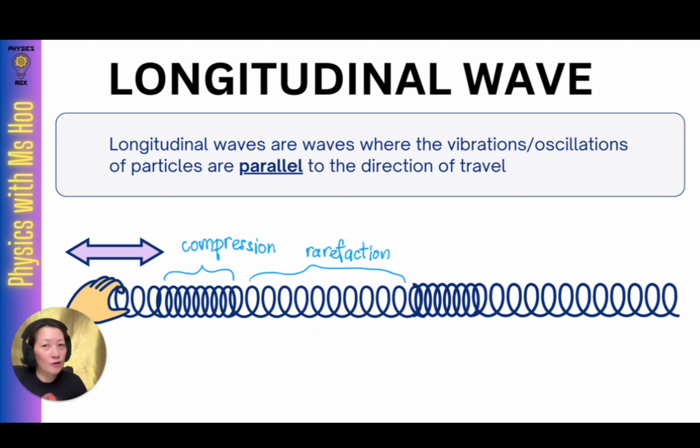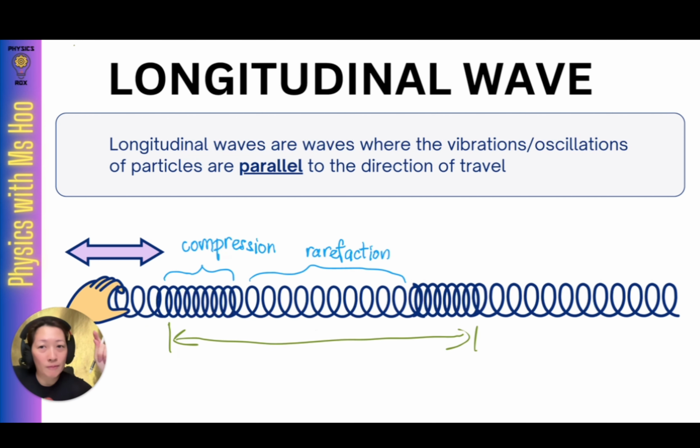Now, to measure the wavelength, we know the wavelength is the distance between two consecutive compressions or two consecutive rarefactions. Having said that though, you cannot just randomly select any two points within a compression and say, oh, that's the wavelength. So for example, if you did this, say, oh, compression to compression, ta-da, this is the wavelength, that would already be wrong.